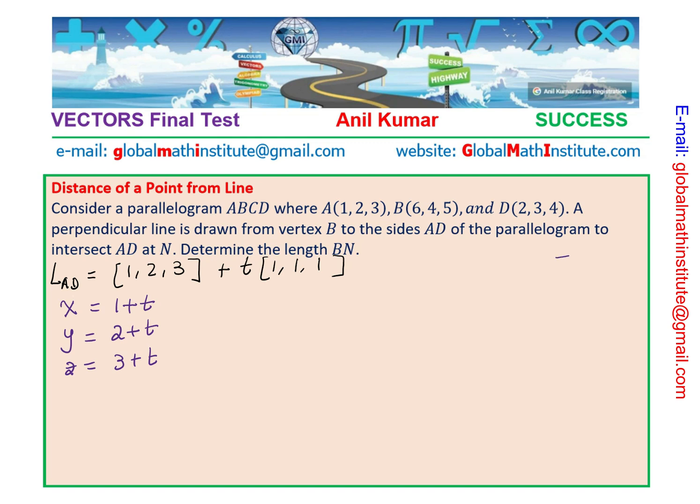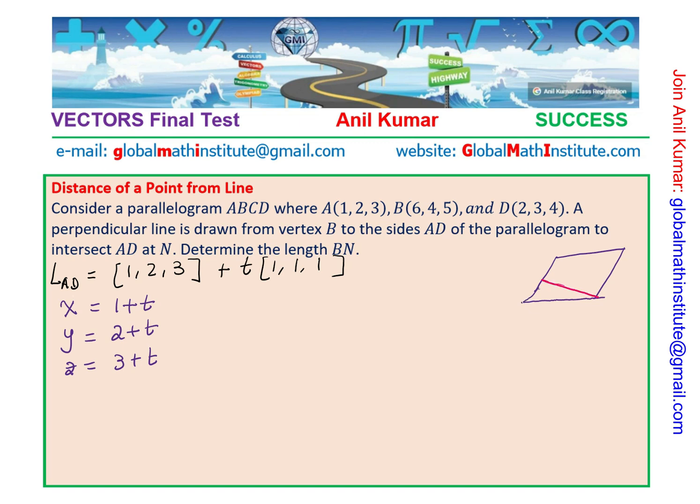So, okay, let me sketch it here, a small one. We're now working on B to N, right? And the coordinates of B are given to us as (6, 4, 5). Correct. So, since it makes a perpendicular, it's perpendicular to AD, right? The dot product should be 0.